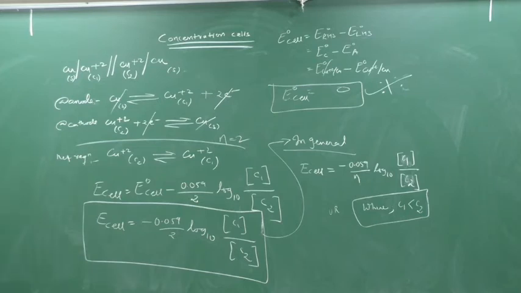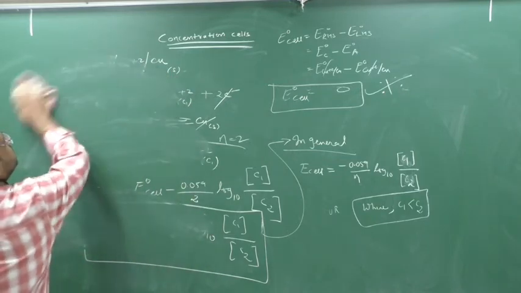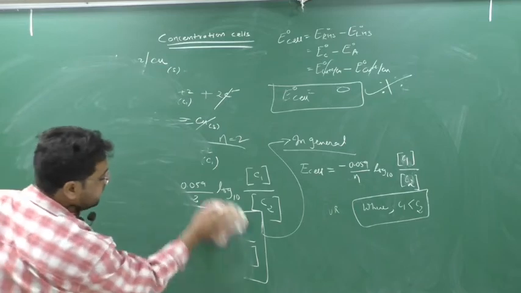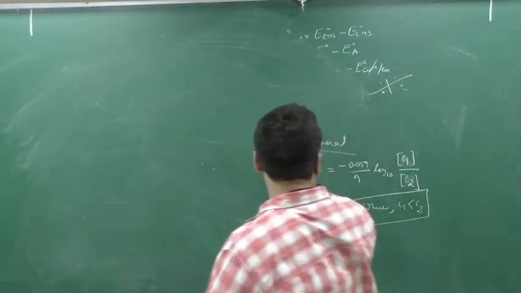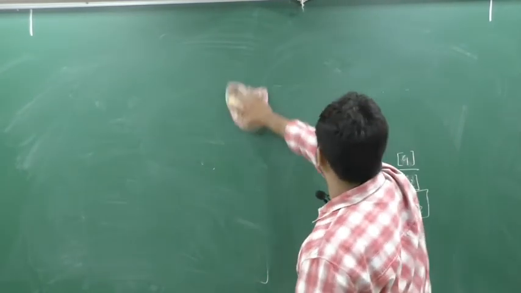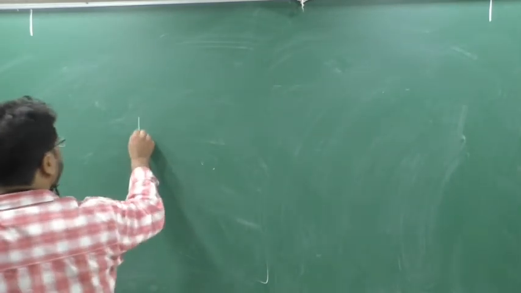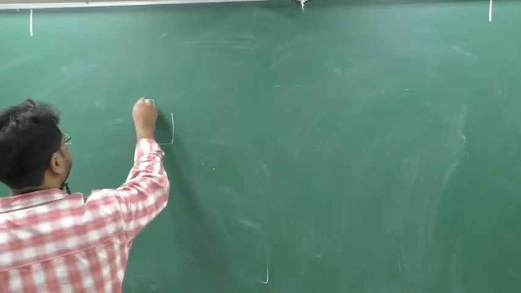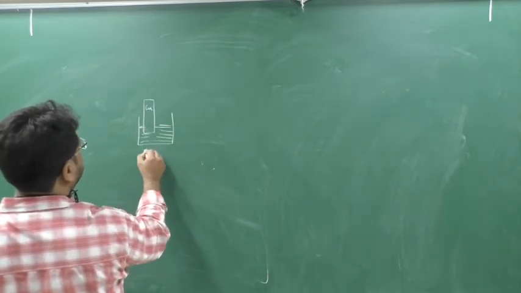Clear? So, one small topic still remaining. There is no need to draw the diagram. I will draw the diagram and I will teach you. Just I will give the sentence that you will write down, but do not draw the diagram. Now, suppose I will take one anode copper, and here also CuSO4.